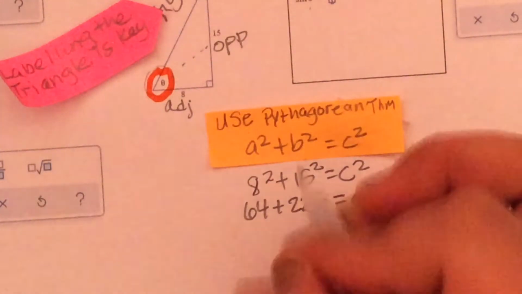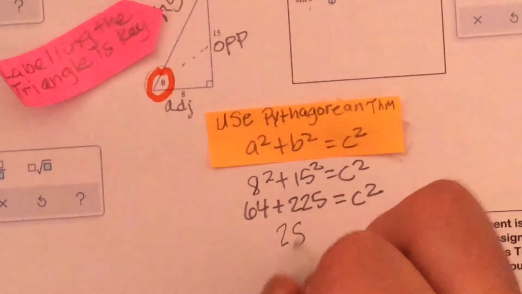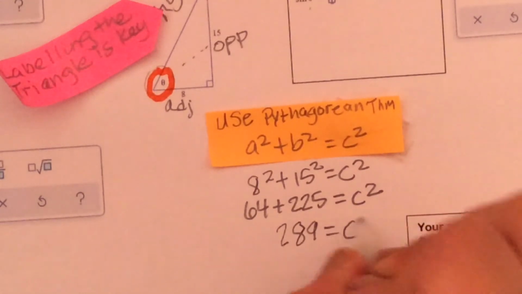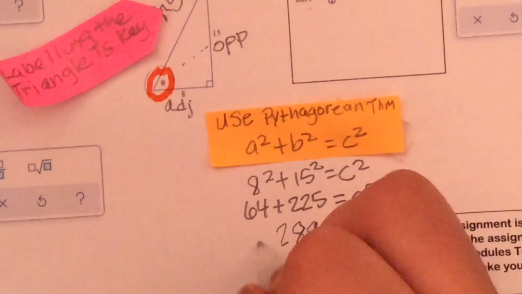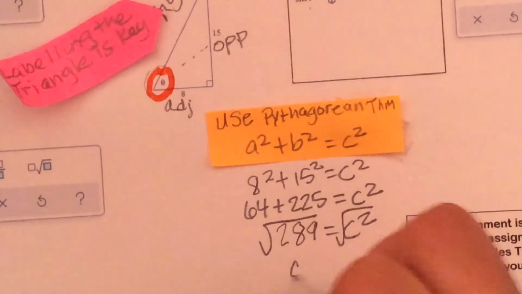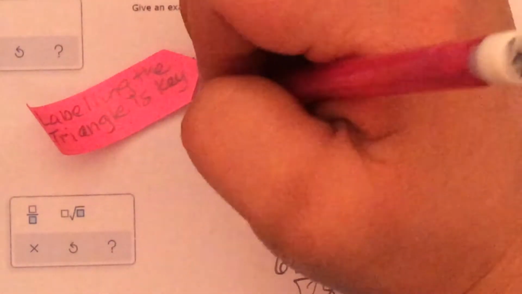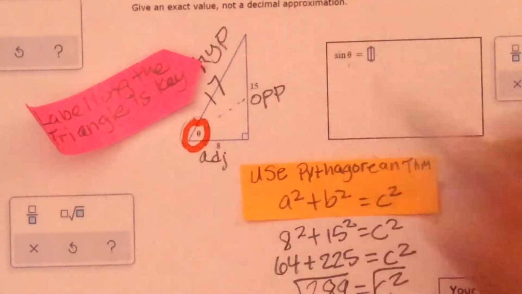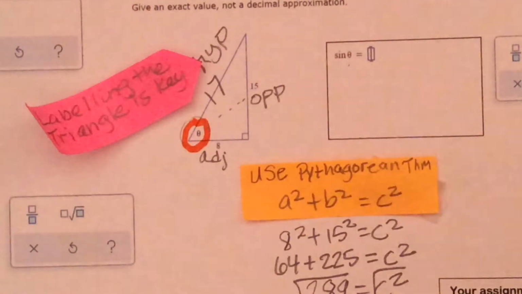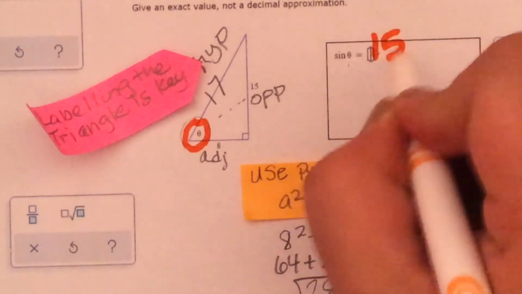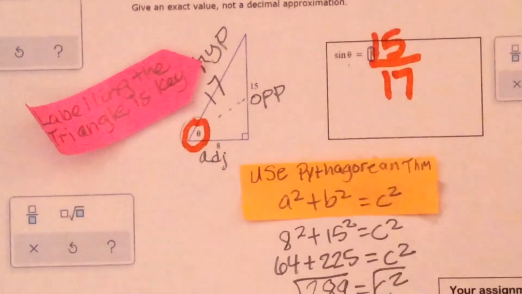If you add those two, that's going to be 289 is equal to c squared. Take the square root now. So c is 17. So the hypotenuse over here is going to be 17. Now we can find the sine. The sine is the opposite, which is 15, over the hypotenuse, 17.